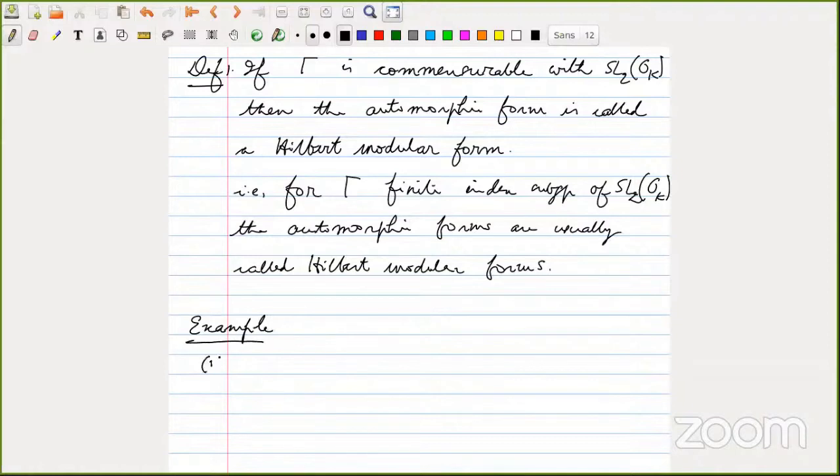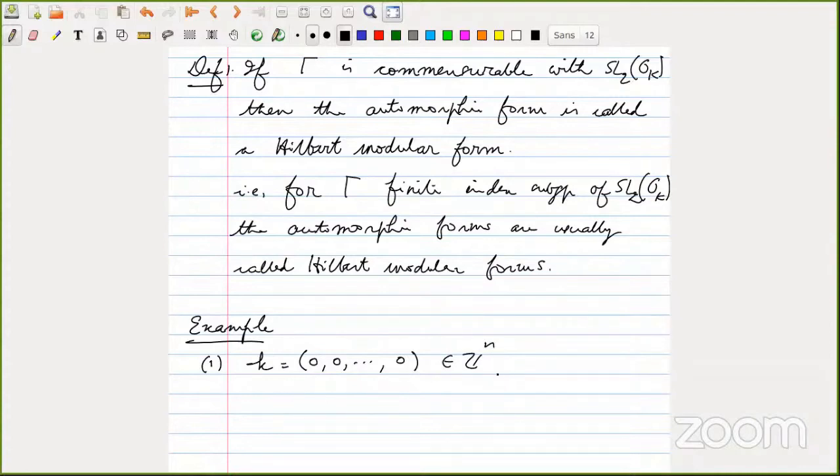Okay, let's take here the easiest case, when I have k equal to (0, 0, ..., 0). Then I'm asking what Hilbert modular forms of weight 0 are.